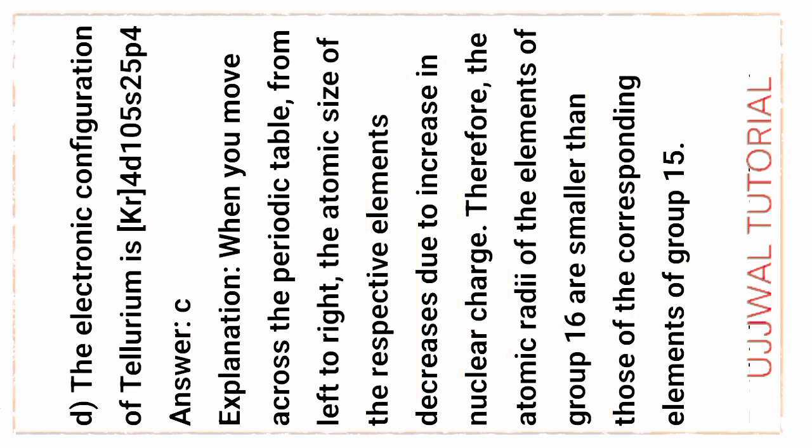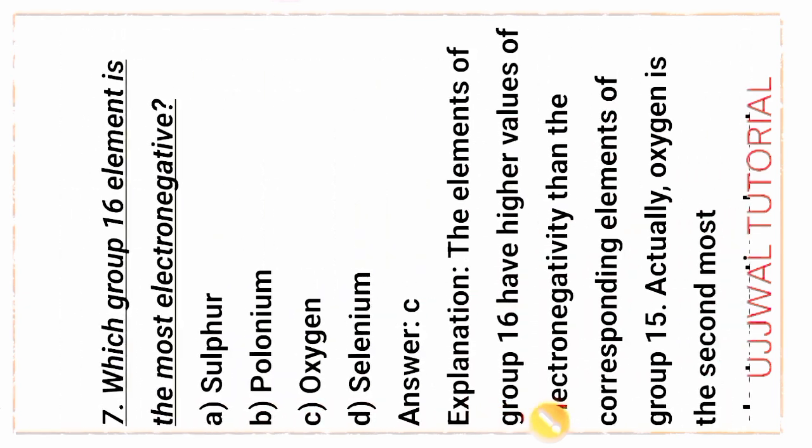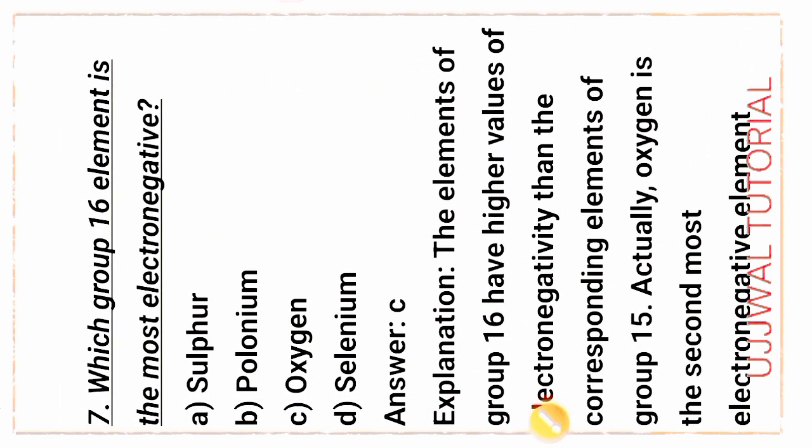Clear? Next question, question number 7. Which group 16 element is the most electronegative? That is option C, oxygen. The elements of group 16 have higher values of electronegativity than the corresponding elements of group 15.